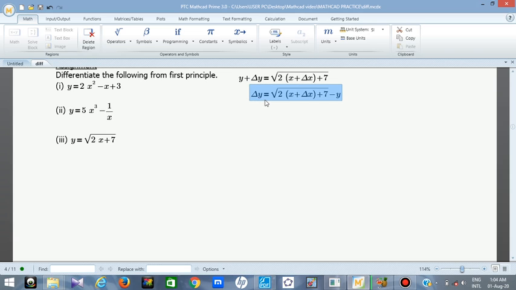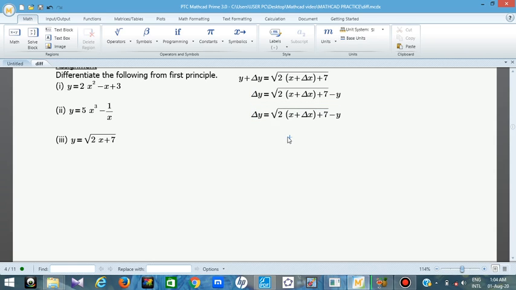Then after this, the value of y, we need to substitute it there. And what is the value of y? This is the value of y, which is the square root of 2x plus 7. So it's going to replace this, square root of 2x plus 7. See, still there's no way we can simplify this. They are not like terms. You cannot subtract, you cannot add anything because of roots.